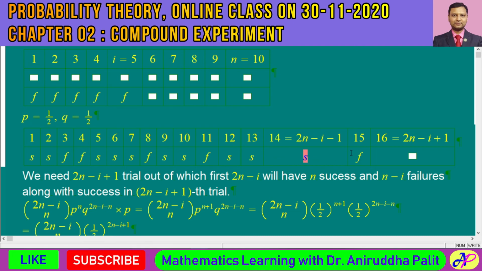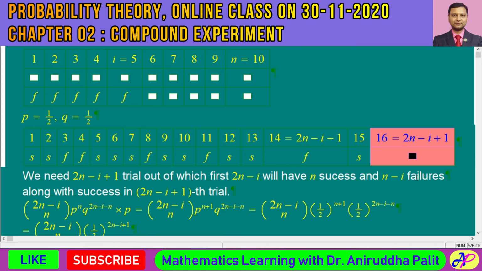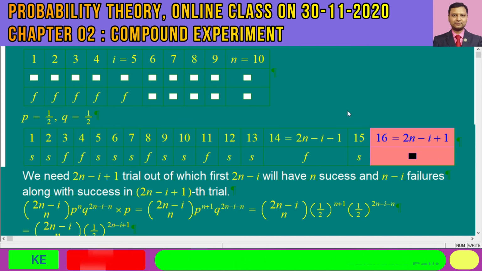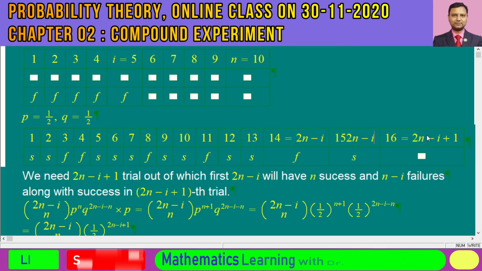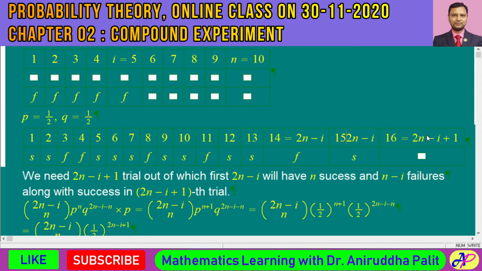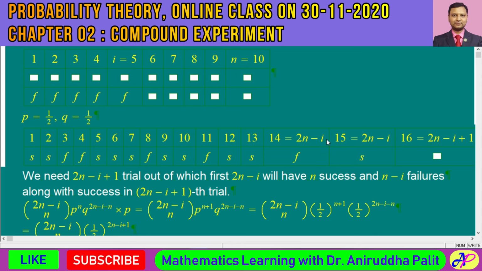So suppose if we have failure over here, we may have success at most in this position, so that in trial number 16 we find an empty box. So we can say that in this trial number 15, that is actually this 2n − i, sorry, 2n − i, not this one.